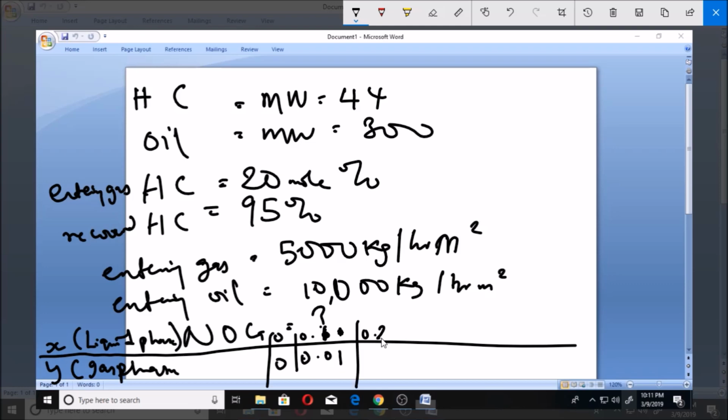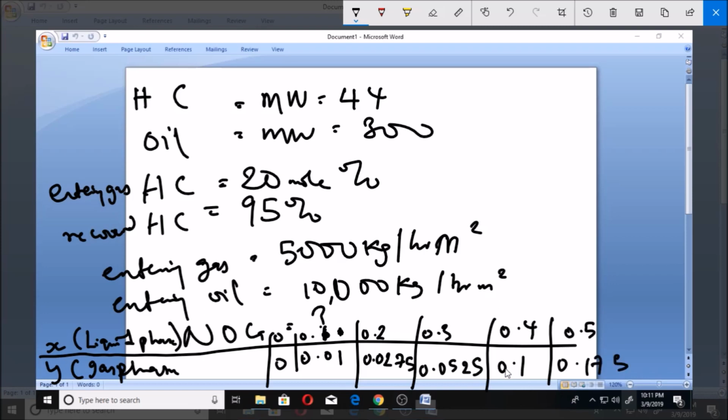At 0.2, Y is 0.0275. At 0.3, Y is 0.0525. At 0.4, Y is 0.1. Then at 0.5, Y is 0.175. With this we can quickly plot the equilibrium curve. Then we are going to solve to get the operating line so that we can plot it as well.